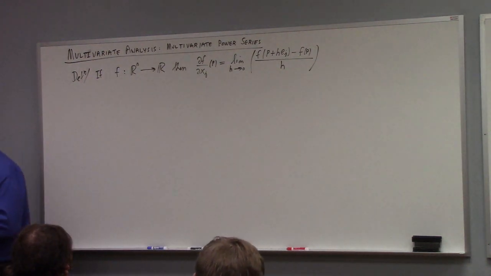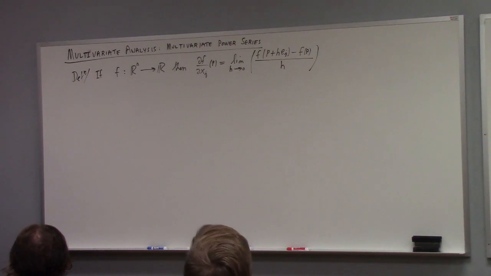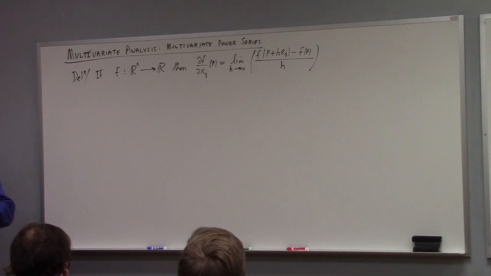That is the definition of the partial derivative with respect to the jth variable in n dimensions for a function that's real valued.